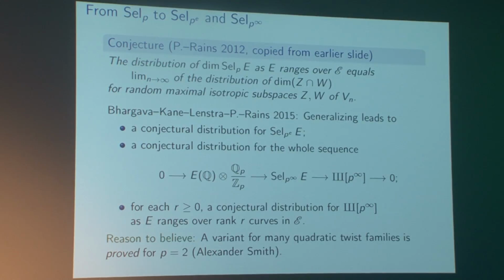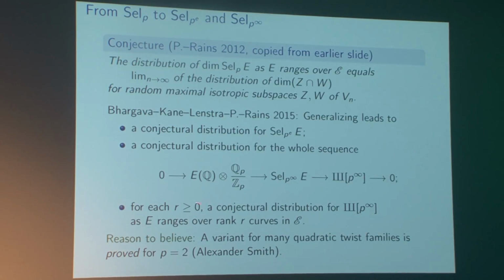And so this should tell you what the distribution of the rank is, because once you know what this is, it's just how many Q_p/Z_p there are in here. And so we have then a conjecture for how rank should be distributed. And not only that, we also have a conjecture for how the Sha, the Shafarevich-Tate group, the p-primary part of that, should be distributed.